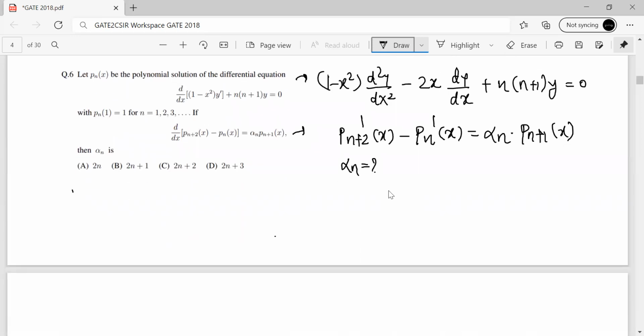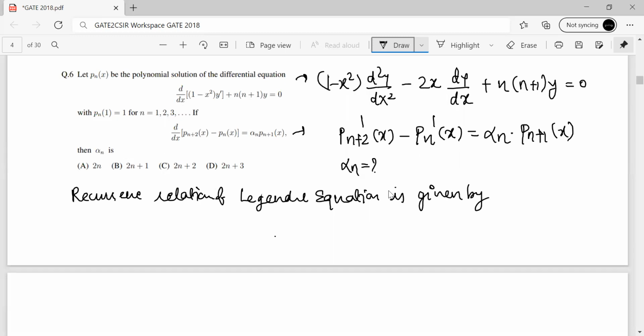So the recurrence relation of the Legendre equation is given by the following. We know a recurrence relation for the Legendre differential equation: 2n plus 1 into Pn of x equals Pn plus 1 dash of x minus Pn minus 1 dash of x.